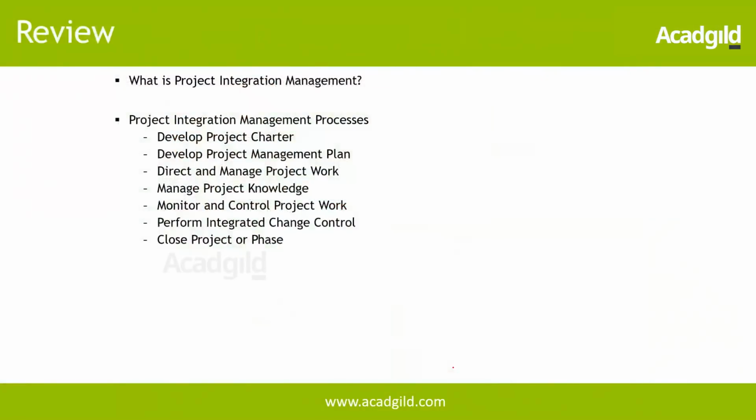We have 7 processes defined in integration management, starting with develop project charter, part of initiation, then develop project management plan, part of planning, direct and manage project work, manage project knowledge, monitor and control project work, perform integrated change control, part of monitoring and controlling, and finally close project or phase, part of the closing process group. So this concludes project integration management, and in the next video we will talk about scope management.